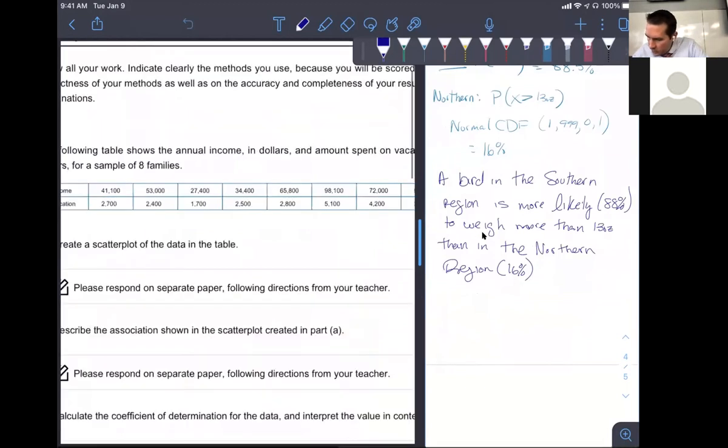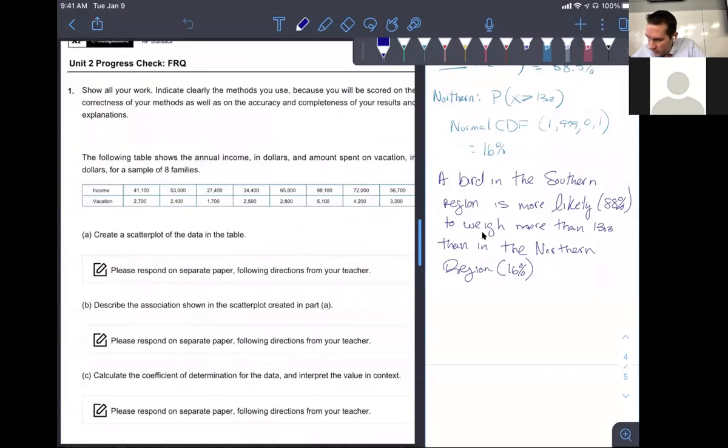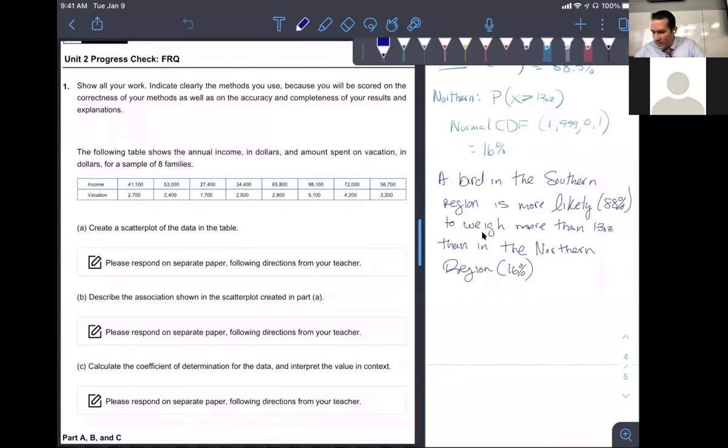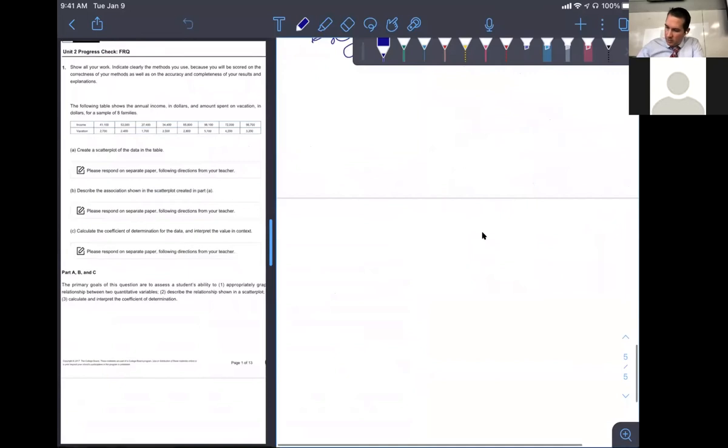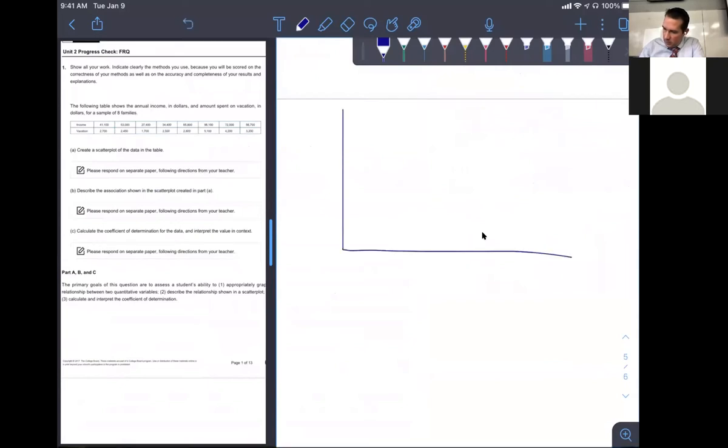So the following table shows an annual income in dollars and the amount spent on vacation in dollars for a sample of 8 families. Create a scatter plot of the data. Generally on the AP test, they'll most likely provide you with one, just because it is painstaking to do this.